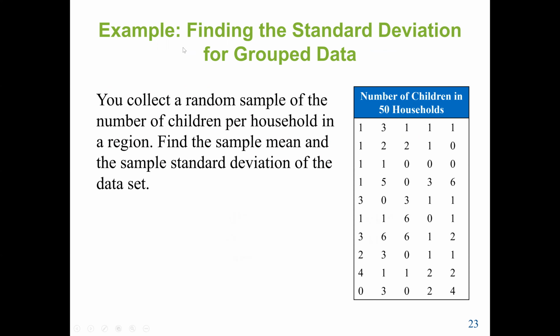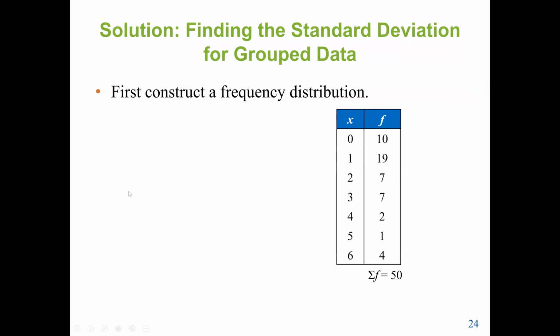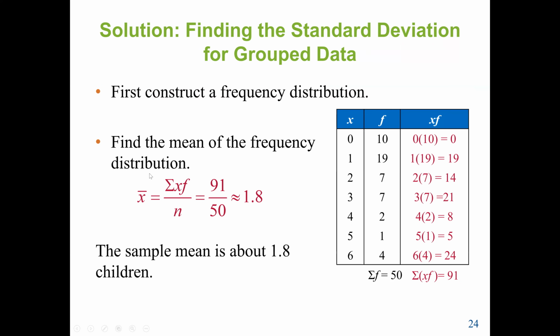For example, 1 appears a lot of times, and the same thing applies to the others. So what we do first is construct a frequency distribution. Here we know how many times each appears, for example, 2 is 7, 3 is 7, 4 is 2, 6 is 4, etc. If that is the case, the first thing we look for is the mean.